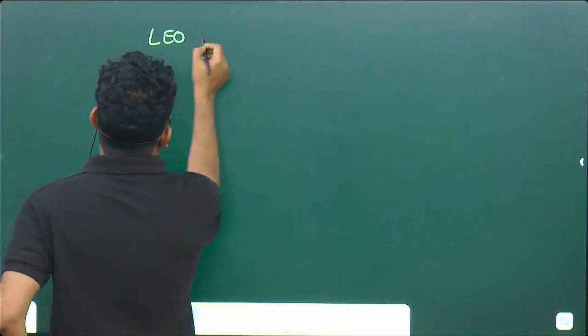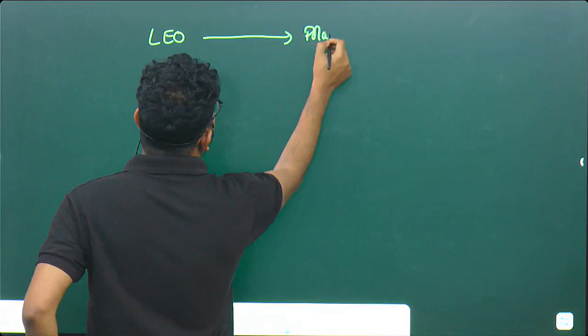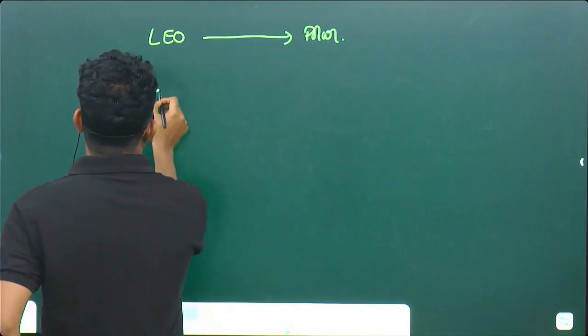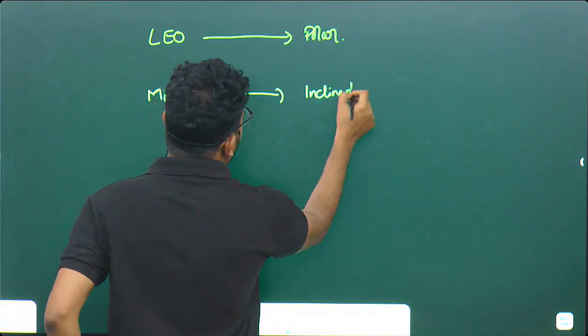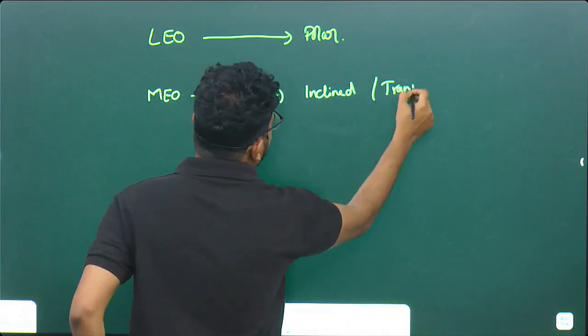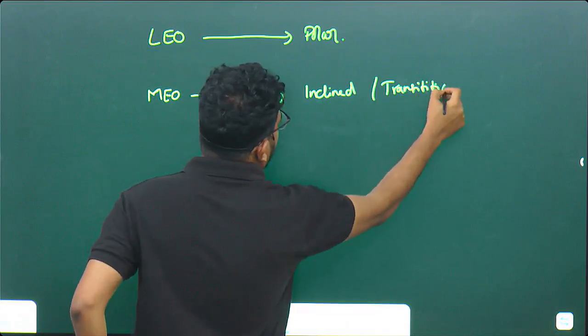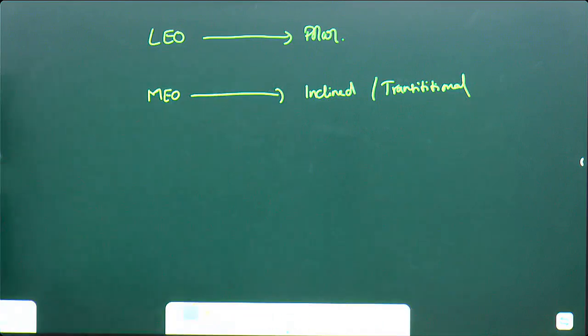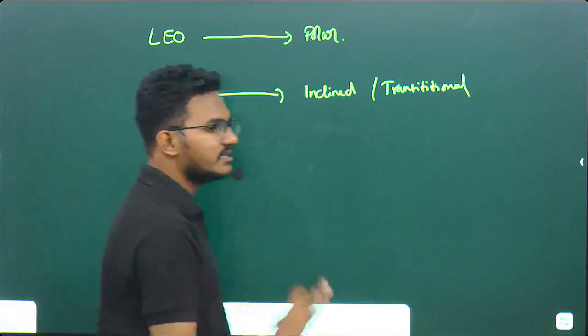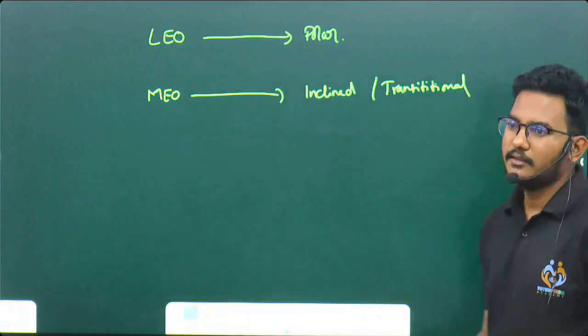Leo, polar, Mio, inclined, or transitional. See, why I'm making you note down all these things again is so you will be aware of these terminologies. Okay, fine.